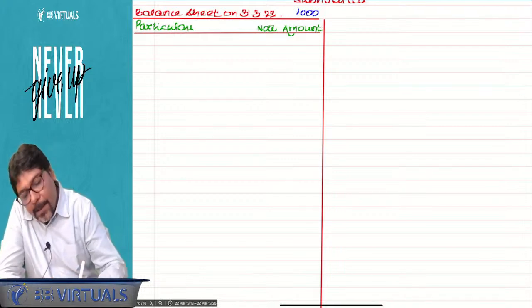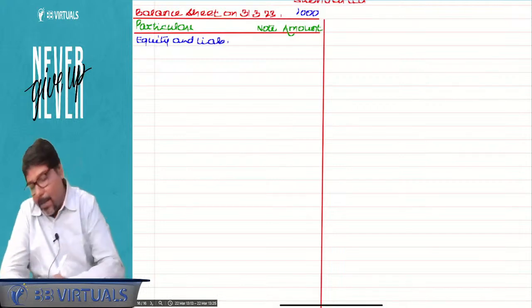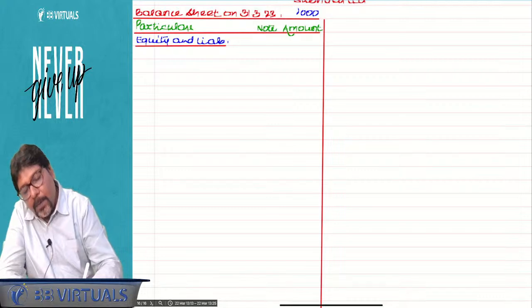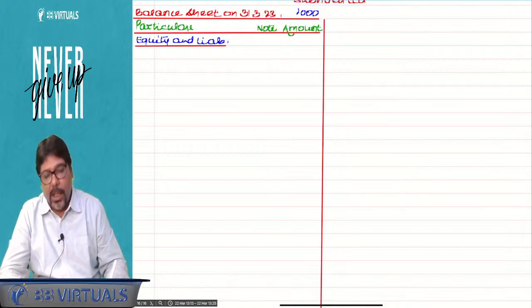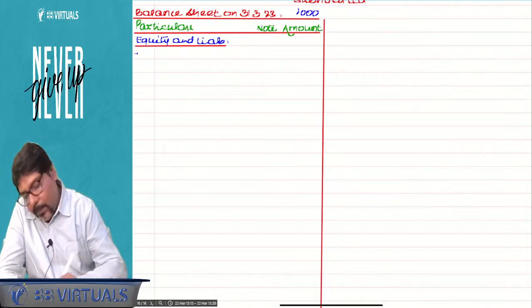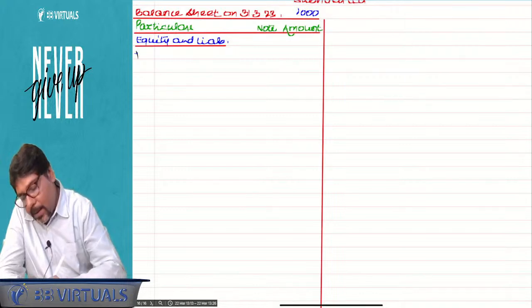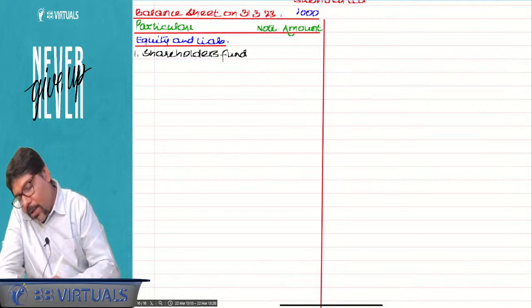Then we'll write equity and liability. In equity and liability, first we'll write number one, shareholders fund.